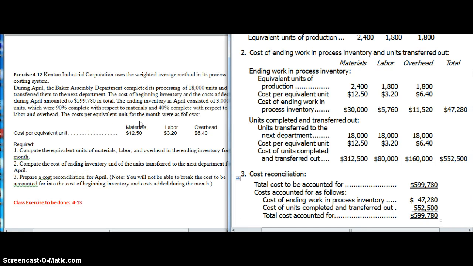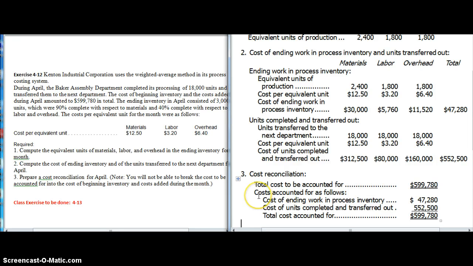The cost of beginning inventory and the cost added during April amounted to $599,780. So you will write that the total cost to be accounted for is $599,780.